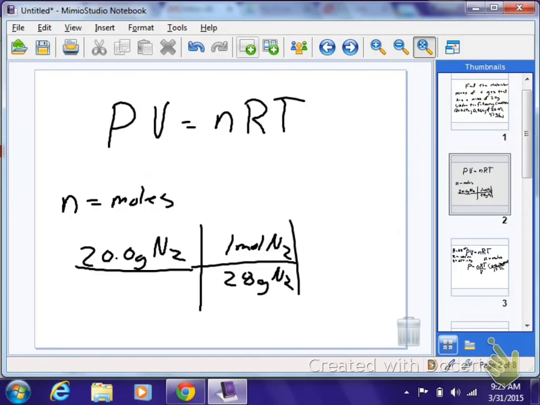You may know what symbol represents grams. G. Yeah, but not the unit, the symbol that represents grams? Mass. So that would be what symbol? Little m. Density equals mass over volume.